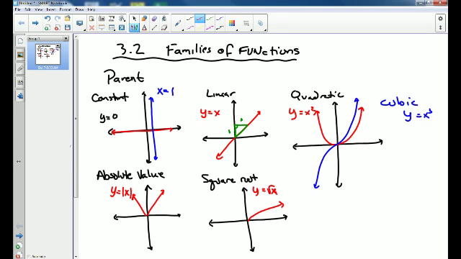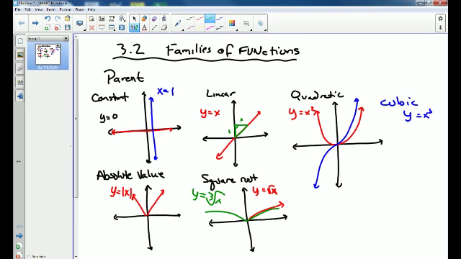Cube root of x, is that going to have negatives in it? Yes. Negative 2 cubed is negative 8, right? So the odd powered exponents or roots are okay with negatives. Not one I'm going to have you memorize, but if you're interested, it looks like that.